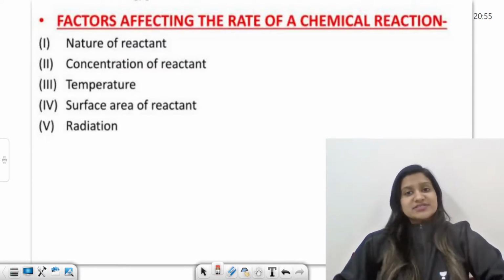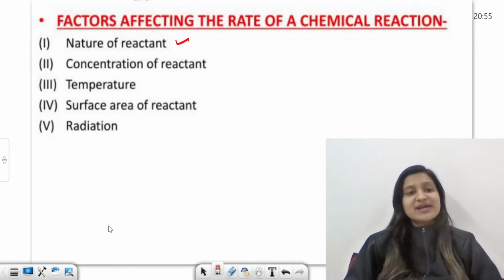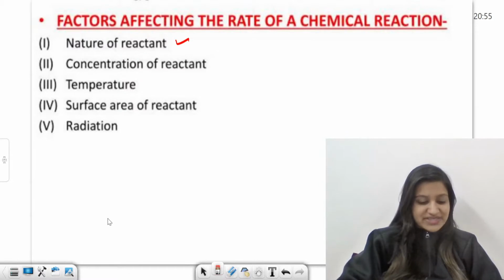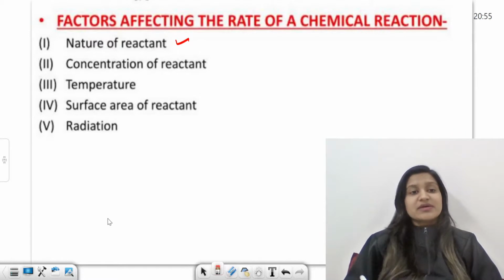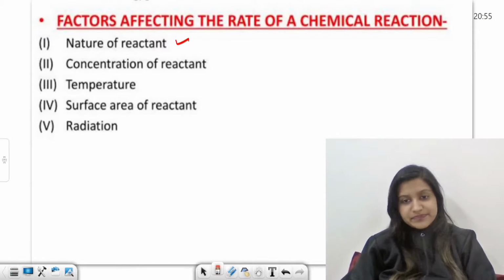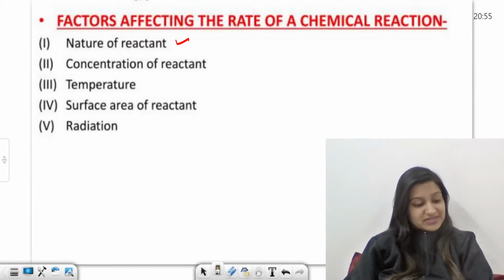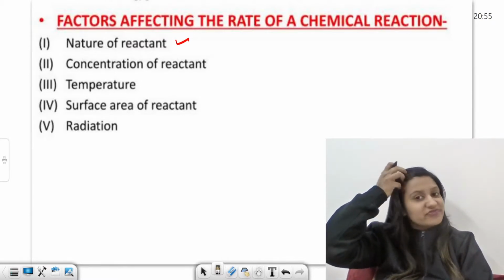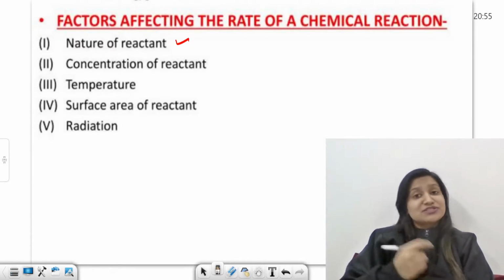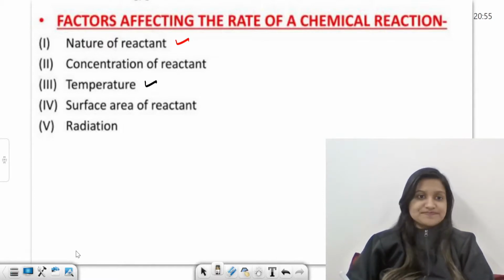It depends on the nature of reactant. It depends on the concentration of reactant. It depends on the temperature, whether the reaction is happening slowly or very quickly.